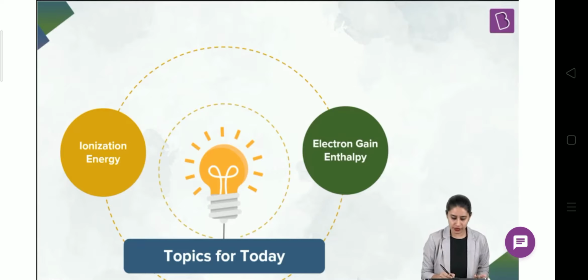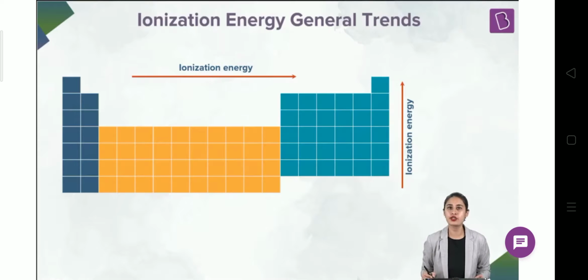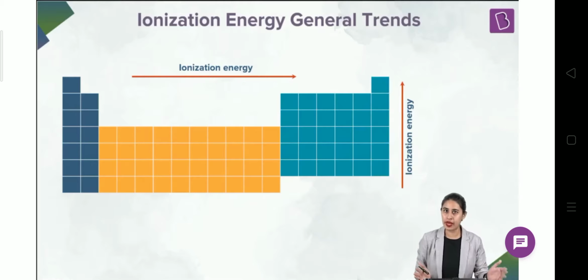If I ask you the general trend of ionization energy, I'm sure you know it very well. As we move along the period, what happens? As we move along the period, the size decreases, general trend. If size decreases, you know that why it is happening?